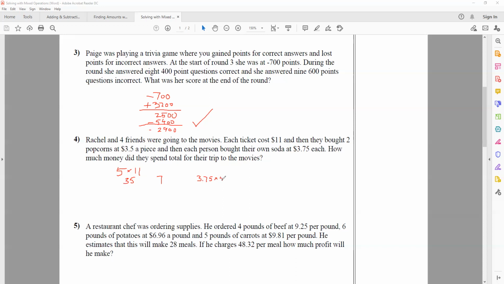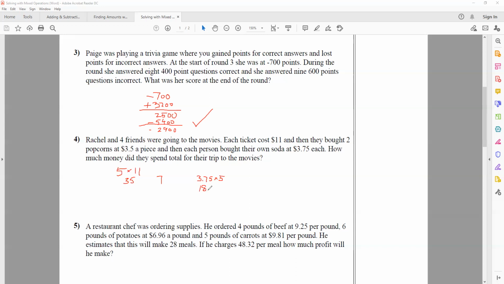Okay. Good job so far. 3.75 times 5 is $18.75.